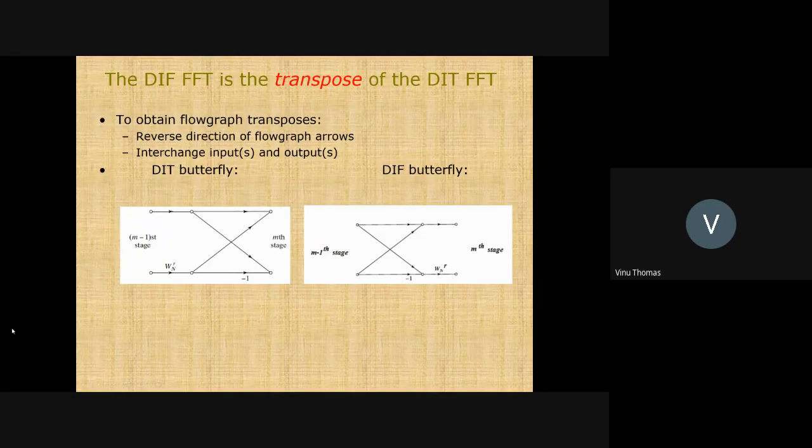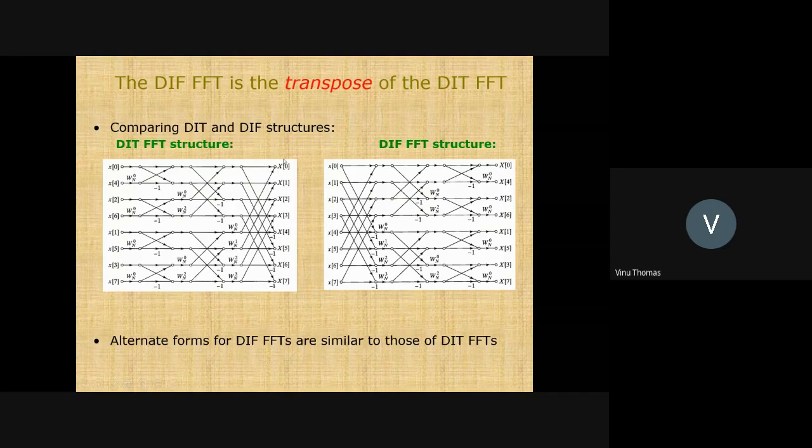So you cannot say that the functionality is the same, even though you can compute the FFT in both ways. This is the butterfly for a DIT signal flow graph. This is the butterfly for a DIF signal flow graph. In general, this is the total structure for the DIT FFT.